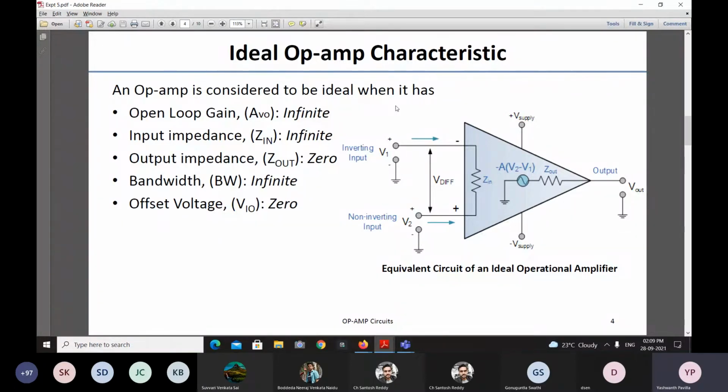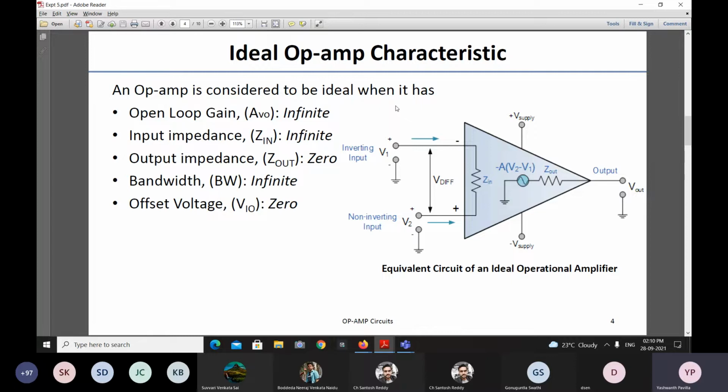For an ideal operational amplifier, it must have infinite open loop gain. It must have infinite input impedance, in order to have high immunity towards the noise currents generated at the inputs, and low output impedance, and it must also cater to all the frequencies present, meaning infinite bandwidth.